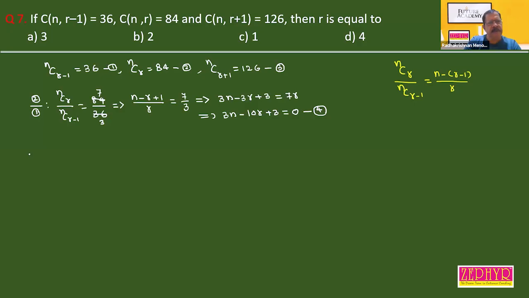Same way you divide equation 3 by equation 2. So you are getting nC(r plus 1) divided by nCr. nC(r plus 1) is 126, nCr is 84. What is this? 42 into 2, 84. 42 into 3, that is 126.